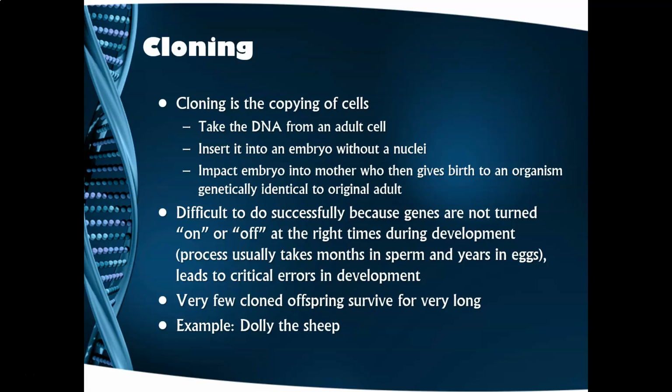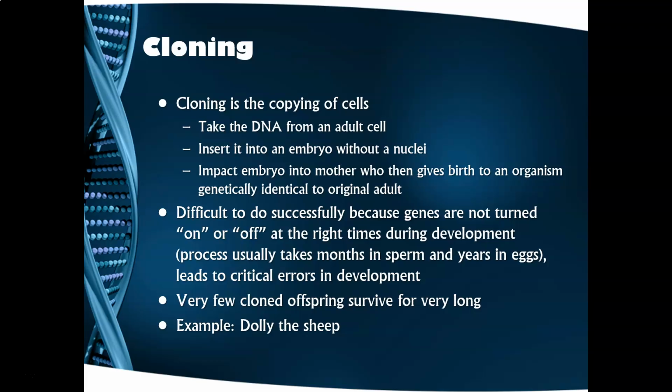While we are getting better at cloning, there are still issues with being able to successfully clone an entire organism. We're getting pretty good at doing it in tissue samples, so just chunks of cells. But being able to successfully clone an organism is still challenging.